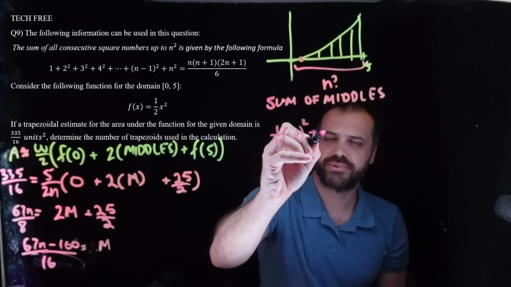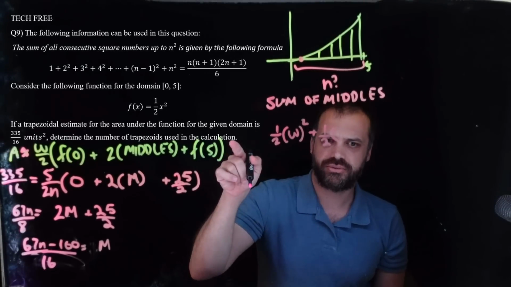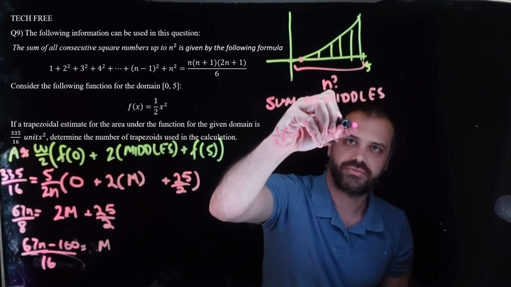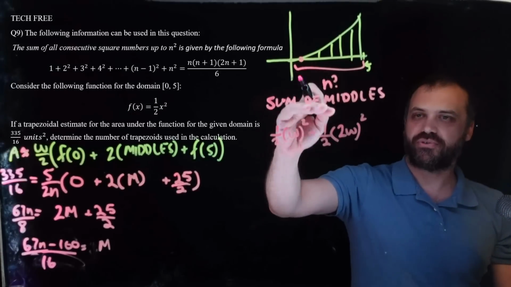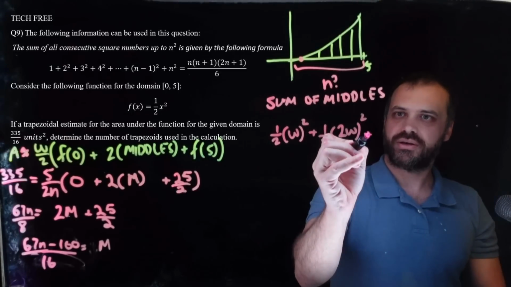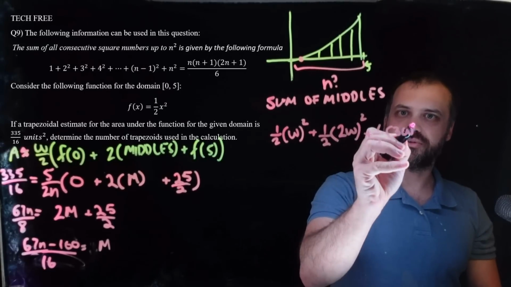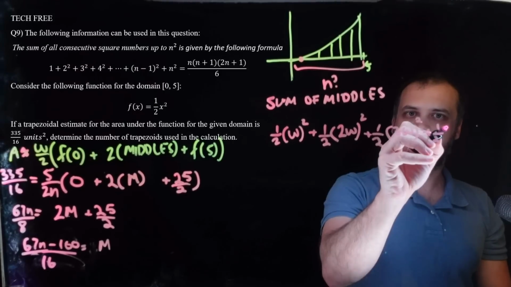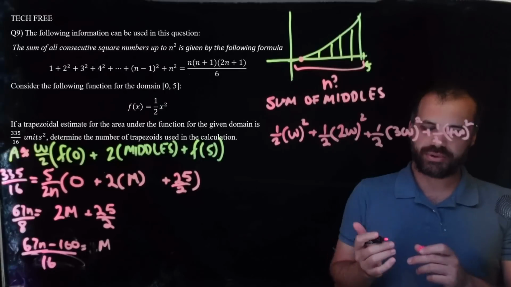My next strip is half w plus w, 2w squared. That's my next strip, right? I'm finding the y coordinates of each strip. Plus half of 3w squared, plus half of 4w squared. All right, and you can see where we're going here.